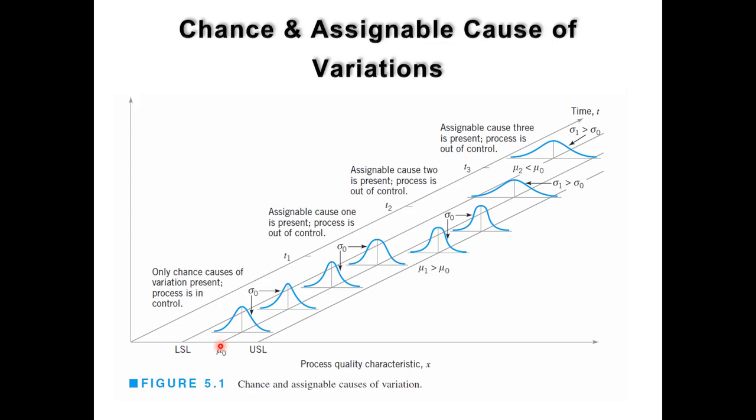The vertical axis is the frequency, or how many times those readings occur. And on the third dimension, it represents time, the time sequence.